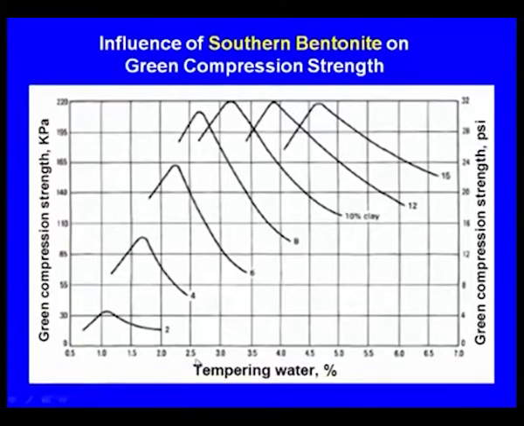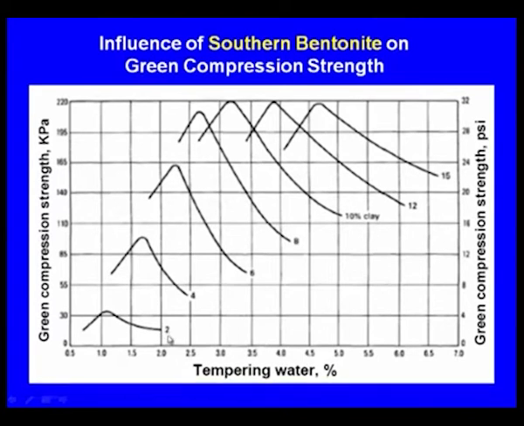Here the x axis is the tempering water and the y axis is the green compression strength. As we increase the moisture content, the strength gradually increases and then comes down.